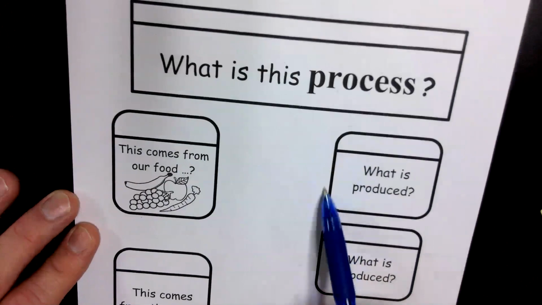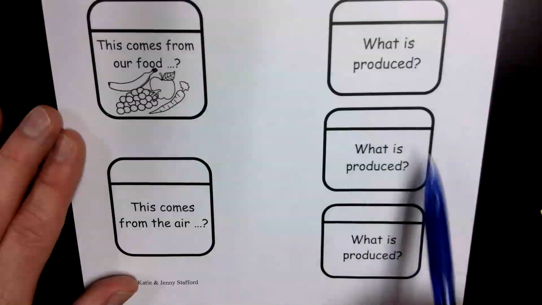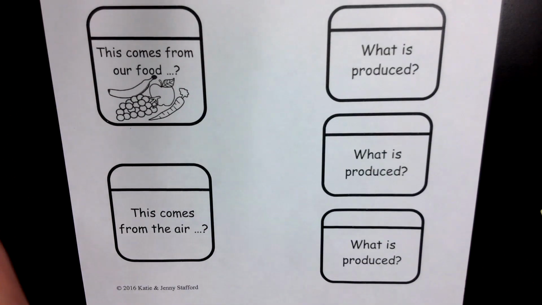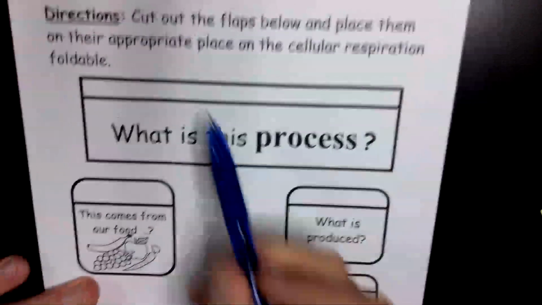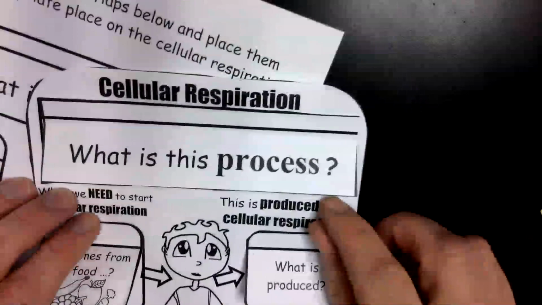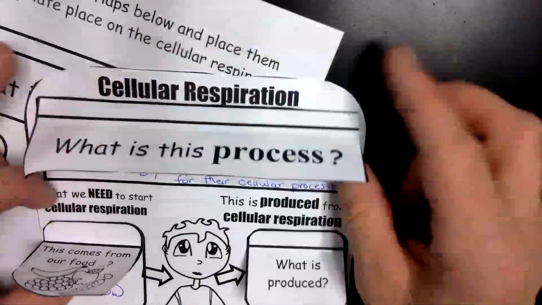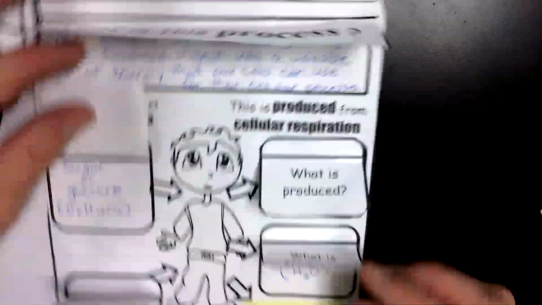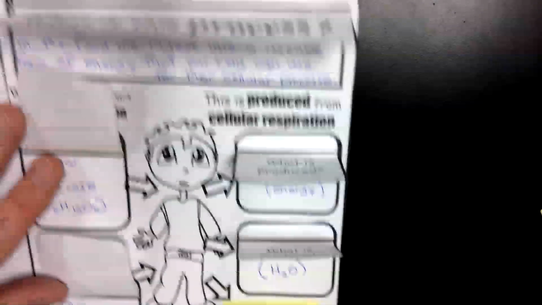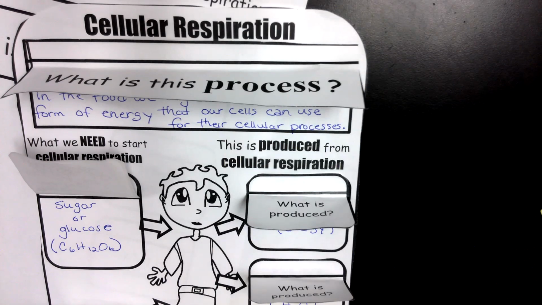All of those, cut these all out. And you're going to glue the tabs, only the tabs, not the whole thing, down on it like this. Notice it says glue here. You're going to glue the tabs in. And when you get done with that, you're going to bring it up to me and I'm going to check it off for you.